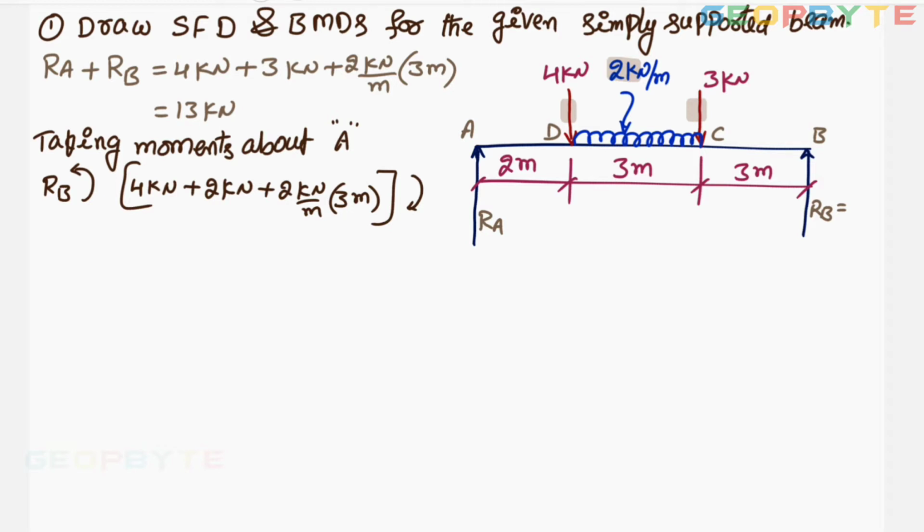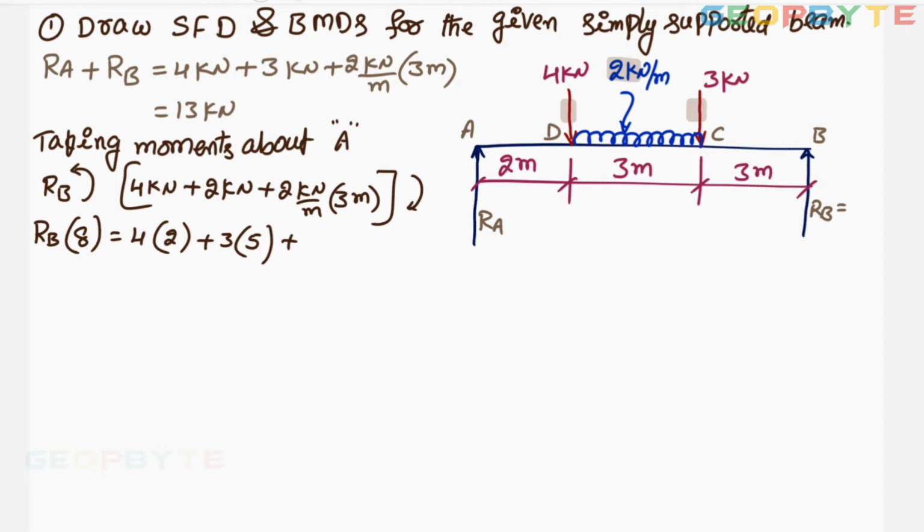We are just equating the clockwise moments with anti-clockwise moments. Then RB into distance up to A, which is 8, must be equal to 4 into 2, plus 3 into 5. These two are the point loads.